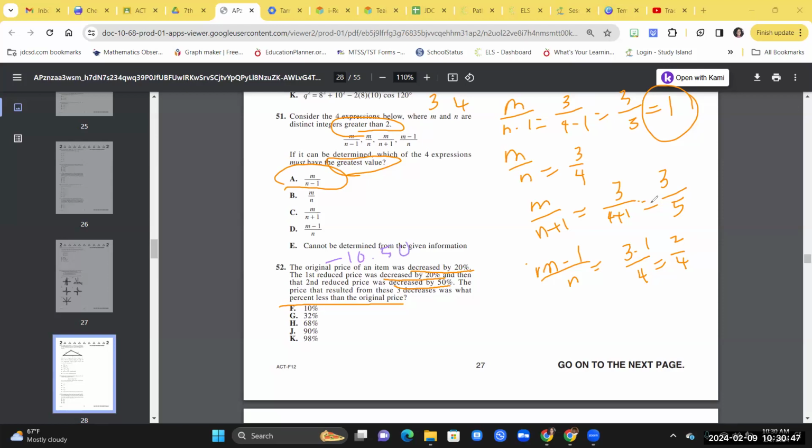I'm going to do the first reduction. That'll be 10.50 times 20% to get 210 as a reduction, so we'll subtract it to get 840.